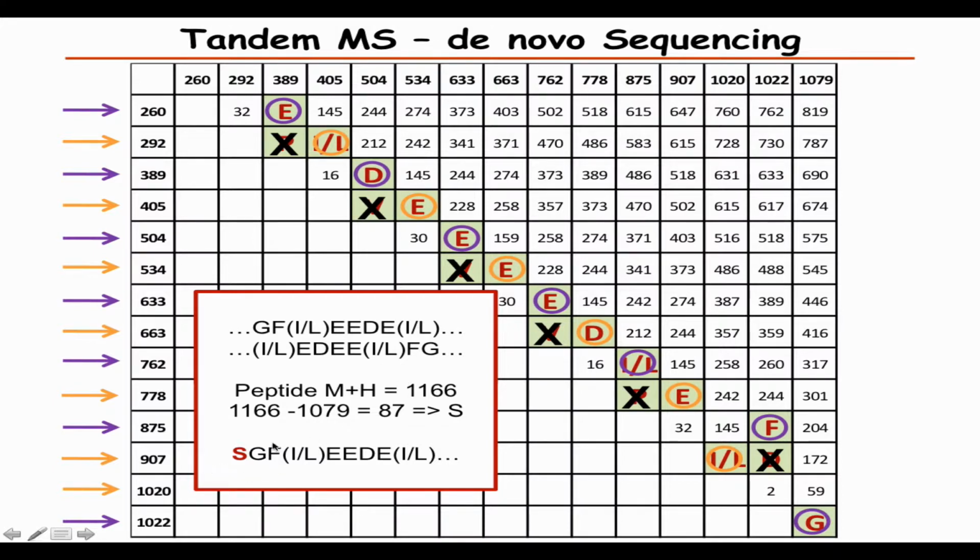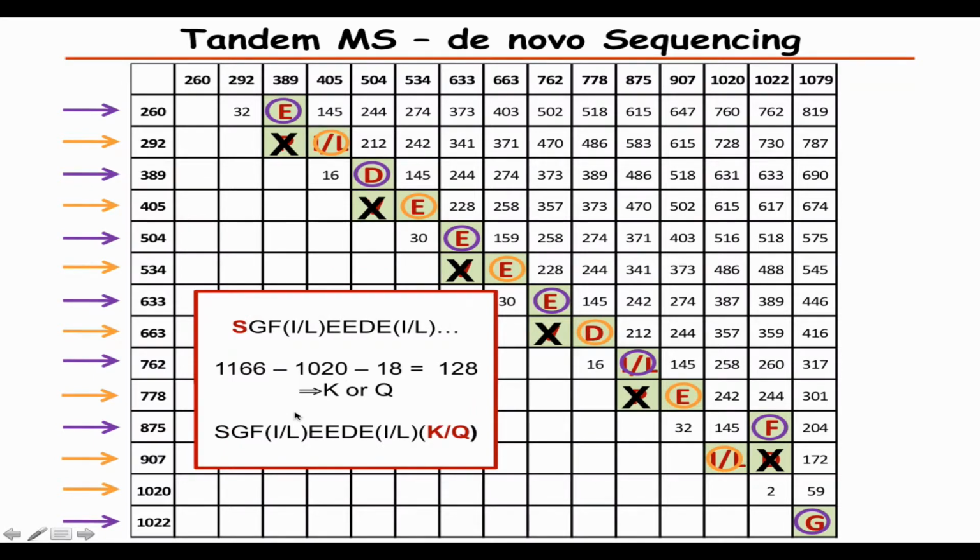So now we know the direction, that this is the N terminus. And then we can confirm it and get the last amino acid from the mass. But here now we know that this is a Y ion, so we subtract 18.